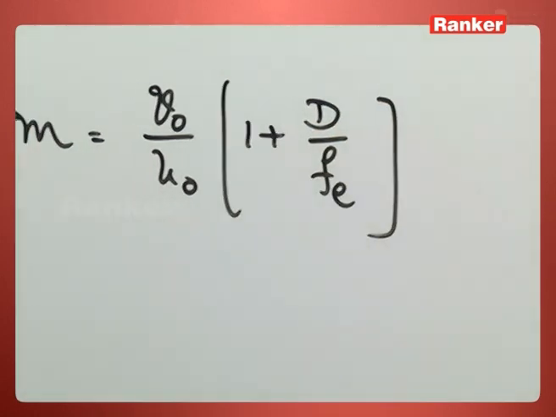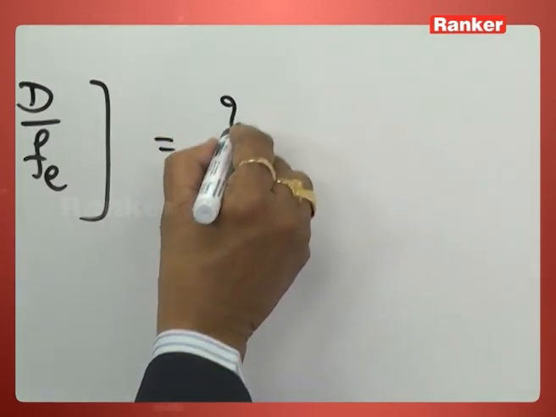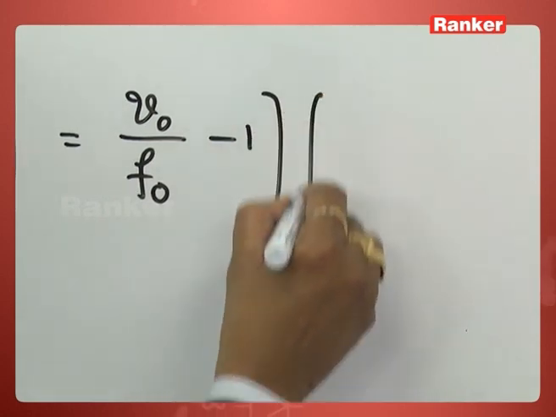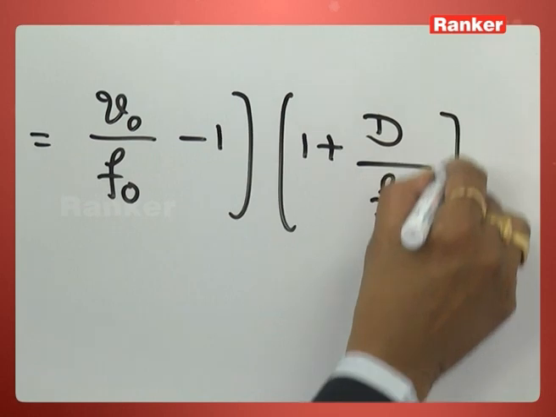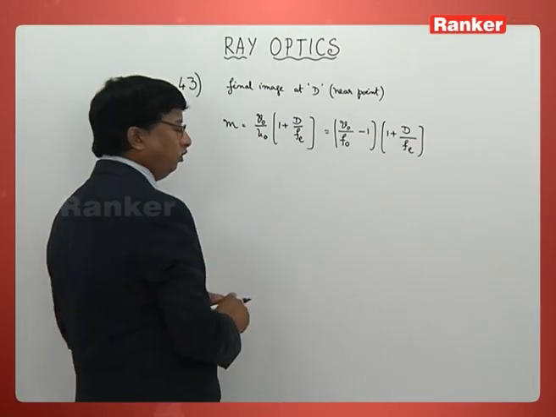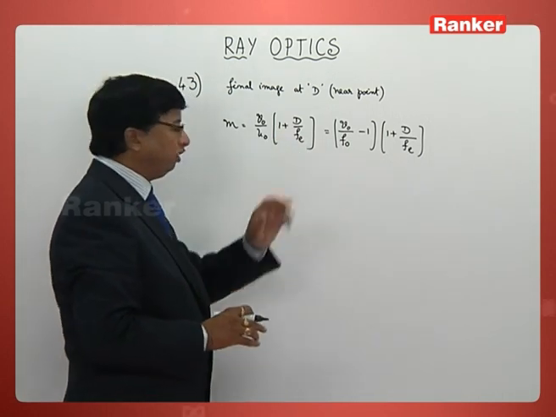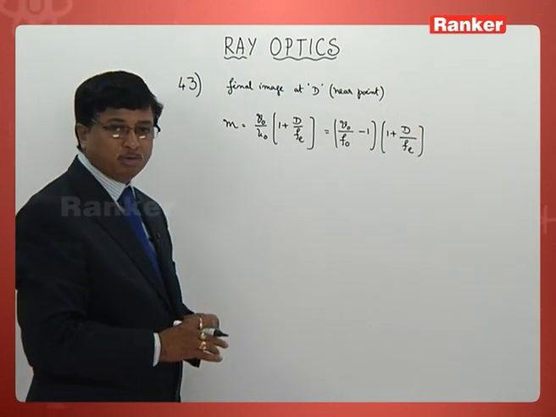That is one way of writing the formula. The other way of writing the same formula is VO by FO minus 1, into 1 plus D by FE. VO by UO can be written as VO by FO minus 1. That is the other version of the same formula for the magnifying power of a compound microscope.